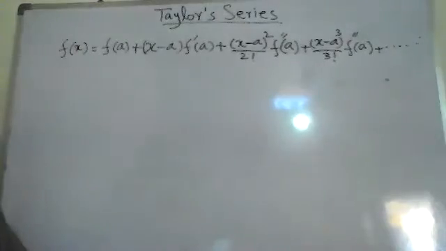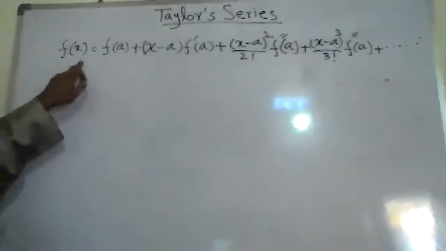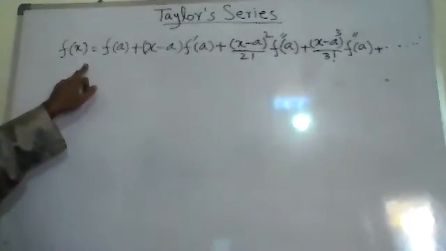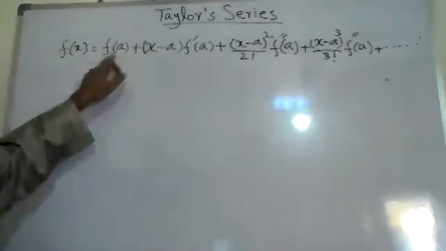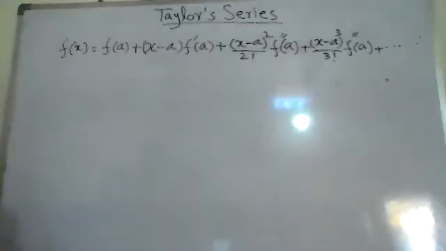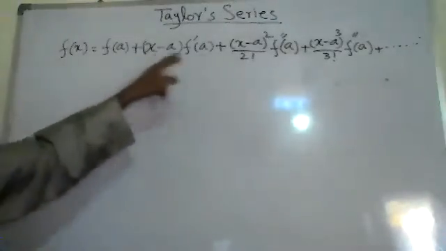So this is called the Taylor series or the Taylor's theorem. We will be given the function f of x and we will be given the value a, x is equal to a. When these two things are given, we can convert the function into the Taylor series.